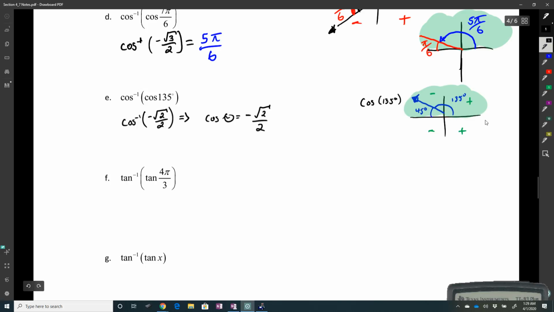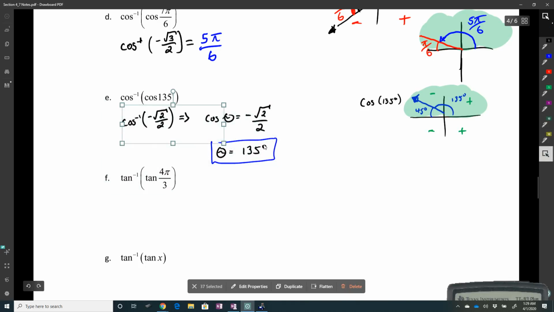Well, if my answer has to be in the first two quadrants, then it's the same angle, 135 degrees. So we end up with theta is 135 degrees. So this is one of those cases where the cosine and inverse cosine cancel each other out. Everything's valid. But remember, that doesn't always work, so you have to be very careful when you're dealing with these inverse functions.